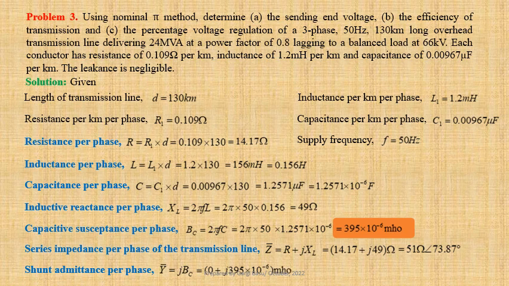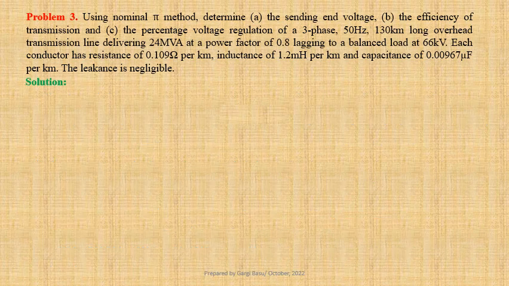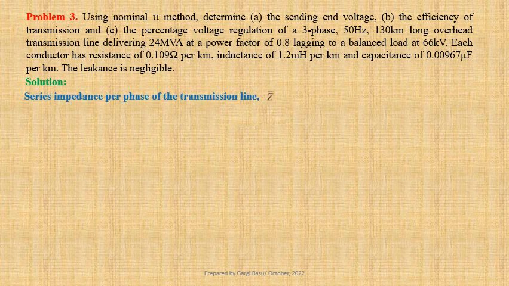This may be written in polar form as 395 into 10 to the power minus 6 mho at an angle 90 degree.